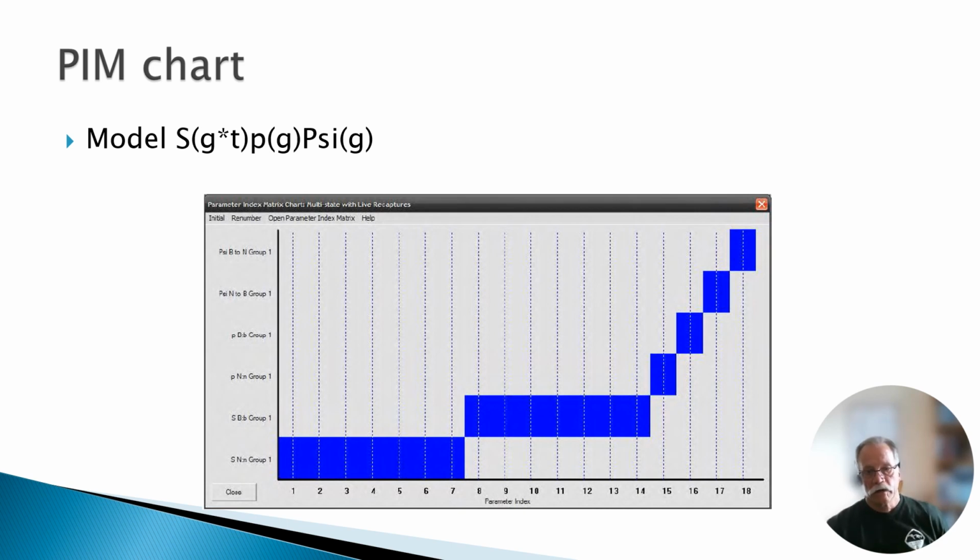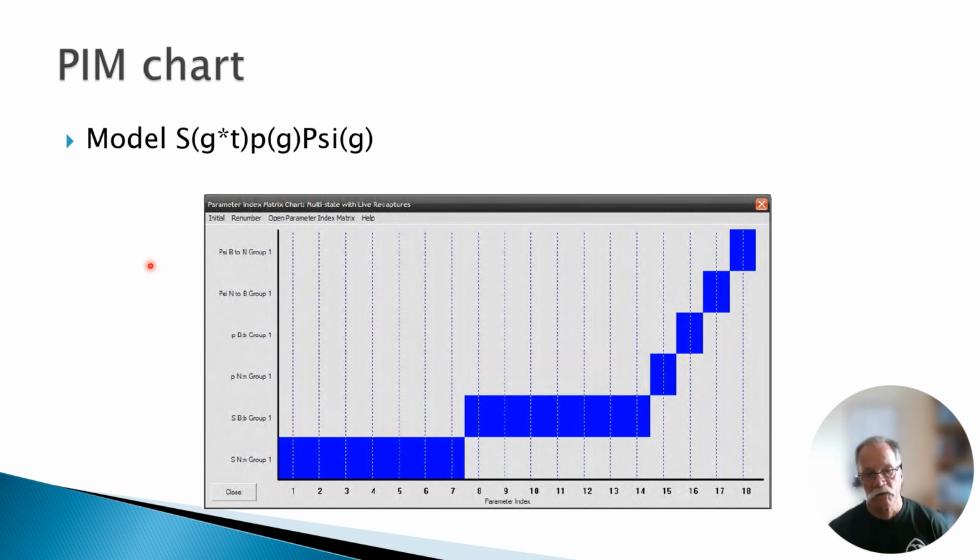If you are interested in setting up models in the design matrix, you want to think about how you set up your PIM before you then move to the design matrix.